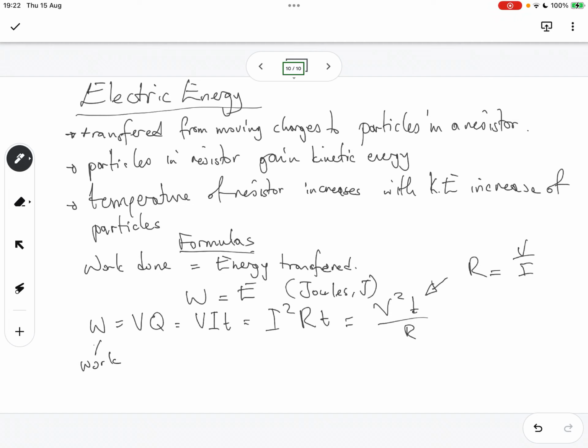Now just a few definitions. This here is work. This here is voltage or potential difference. Q is charge.